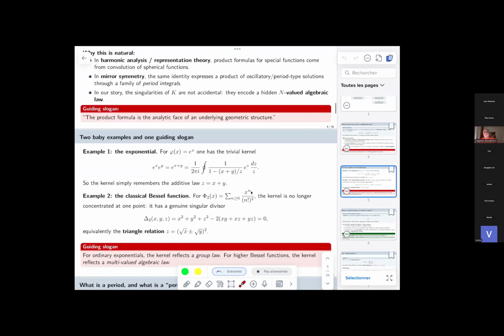You will see the typical kernel, the simplest kernel. It is of course a delta-like kernel. For example, if you take two exponents and have a product of two exponents, you see that the exponent of the sum can be written in this integral form with a kernel which is a rational kernel: 1 minus x plus y over z.